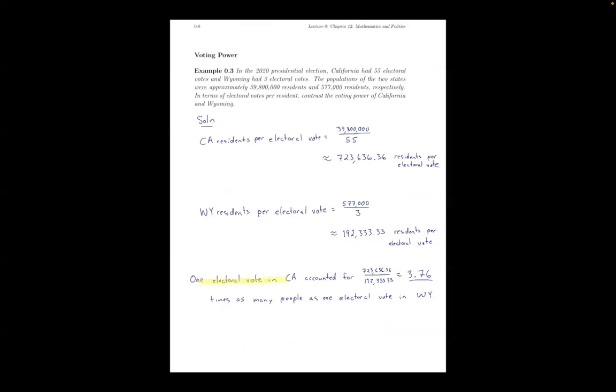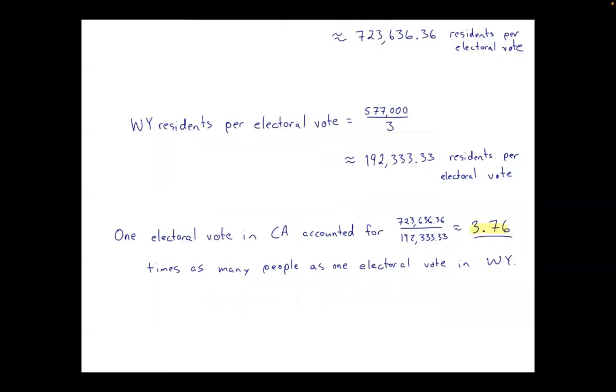One electoral vote in California in the 2020 election accounted for, and I just divided this number by this to get however many times this number is than this one, 3.76 times as many people as one electoral vote in Wyoming. So again, what that means is for every one person in Wyoming's voice, there are 3.76 people in California who had to combine their voices in order to match the electoral vote.